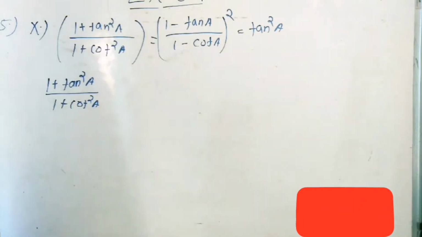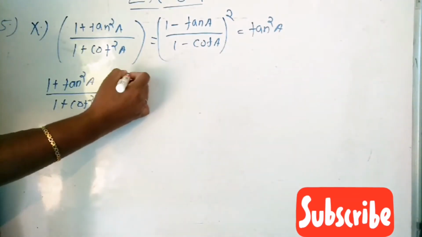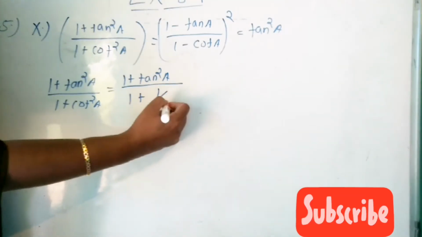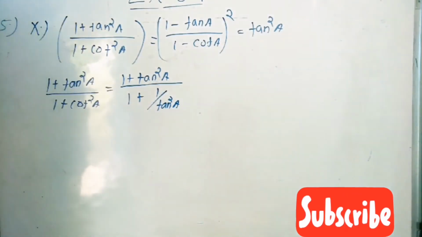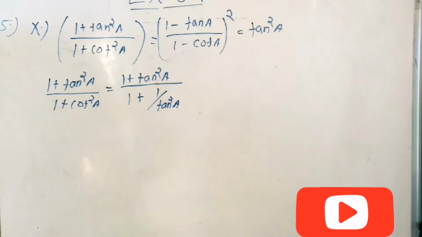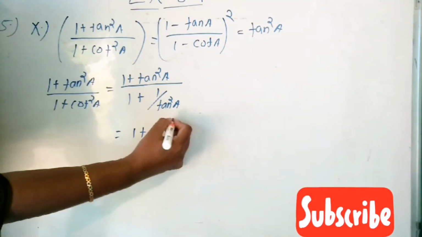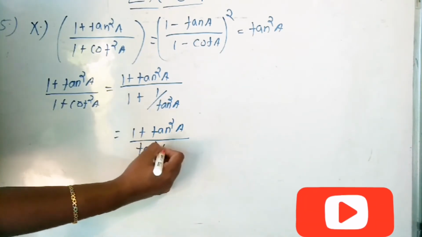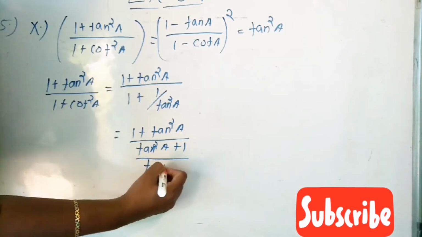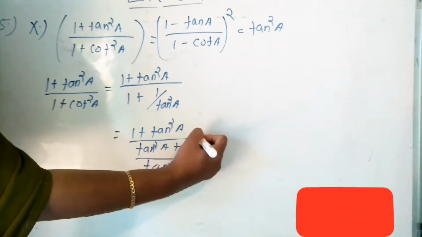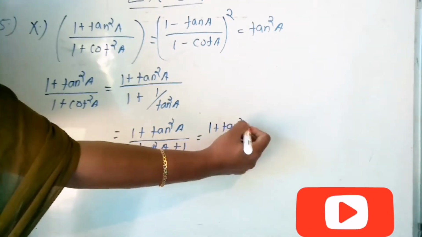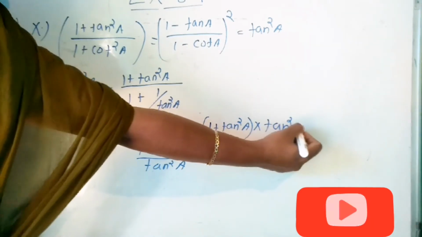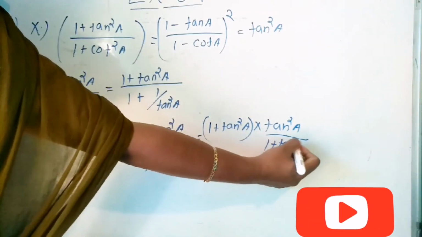Cot square A we can write as 1 by tan square A. This is equal to (1 plus tan square A) divided by, take LCM, (tan square A plus 1) divided by tan square A. Take the reciprocal of denominator, then we will have tan square A divided by (1 plus tan square A).